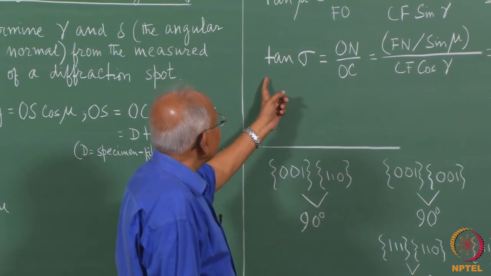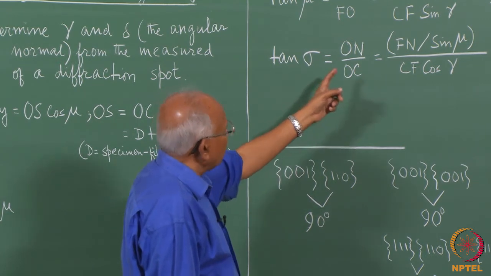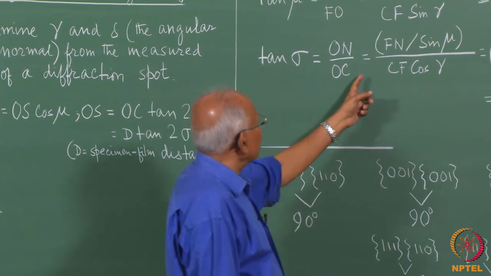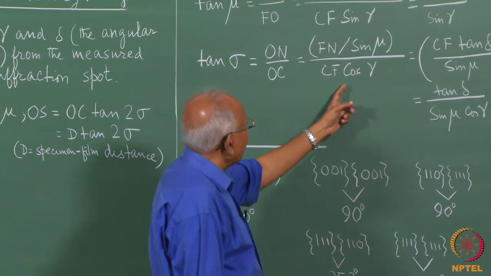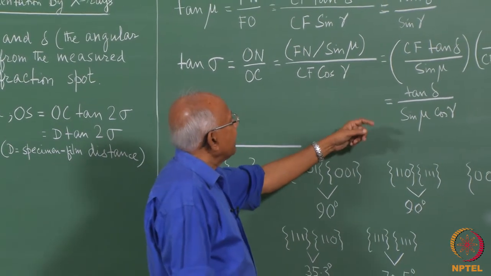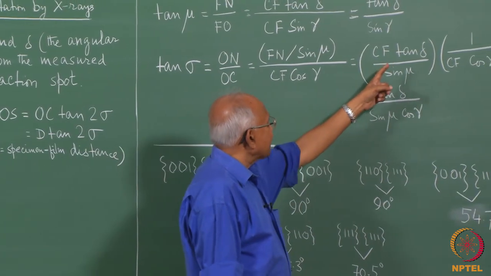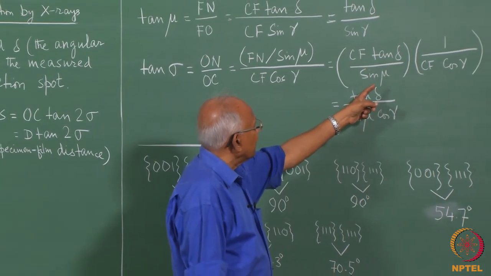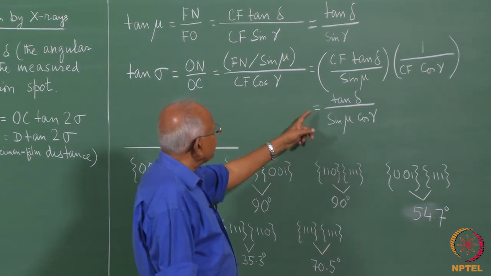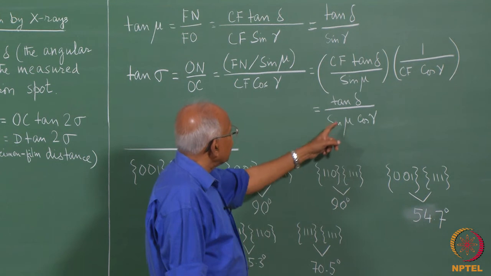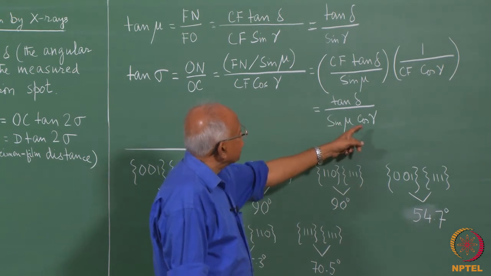Similarly, we can write tan sigma is equal to ON by OC, equal to FN by sine mu divided by CF cosine gamma, that equals CF tan delta by sine mu into 1 upon CF cosine gamma. So, that leads us to tan delta by sine mu cosine gamma.